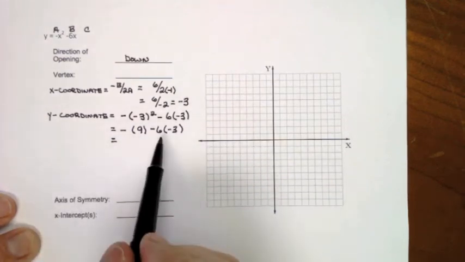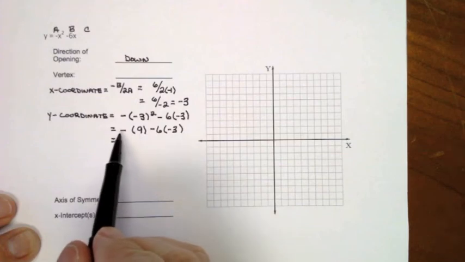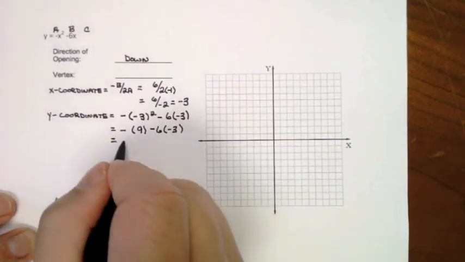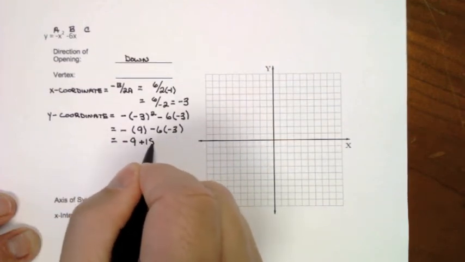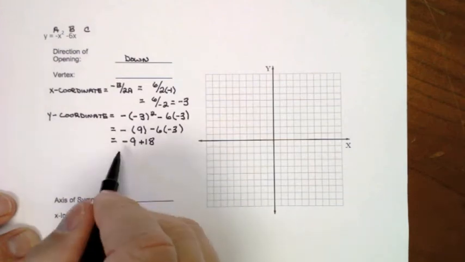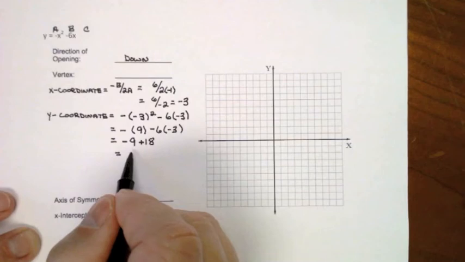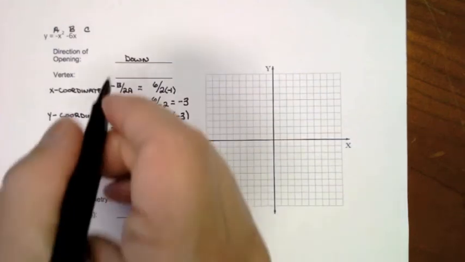Now I do my multiplying. This negative 6 is going to be multiplied with this negative 3. What number is on the outside right here that you can't see? There's a 1. This is negative 1 times 9, negative 9. A negative times a negative is a positive. Negative 9 plus 18.